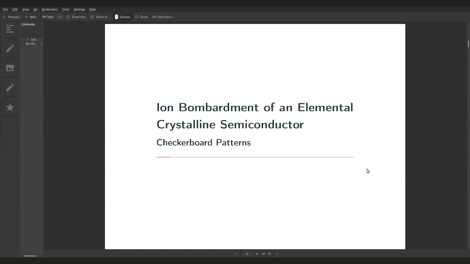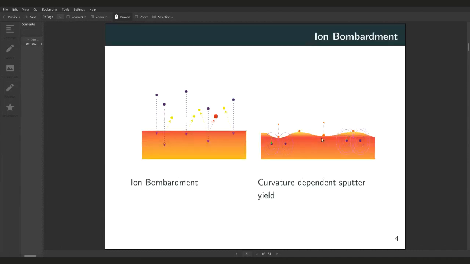I'm going to start with the ion bombardment of an elemental crystalline semiconductor. So this is a single element. In this case, we're going to think about germanium, just because it's one of the first elements to display this checkerboard pattern in the laboratory setting.